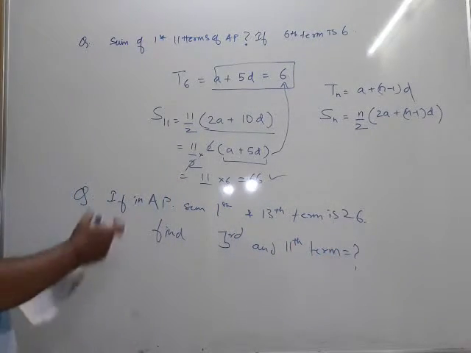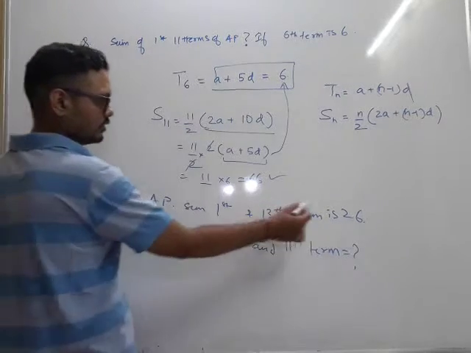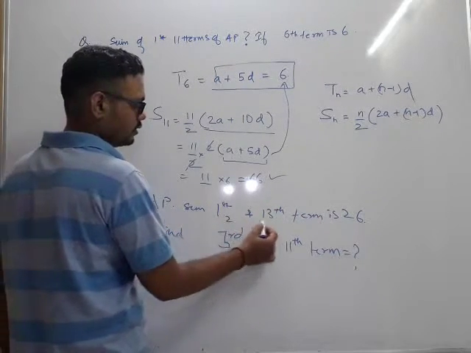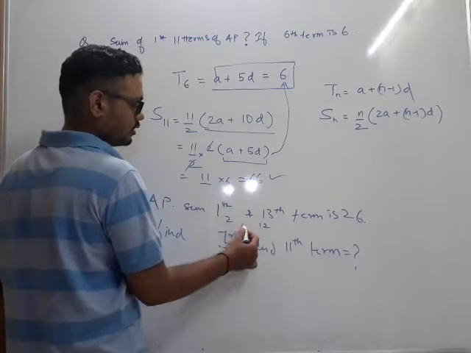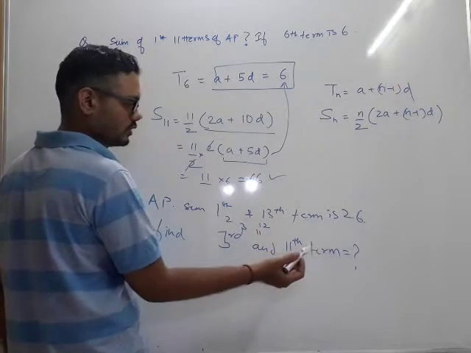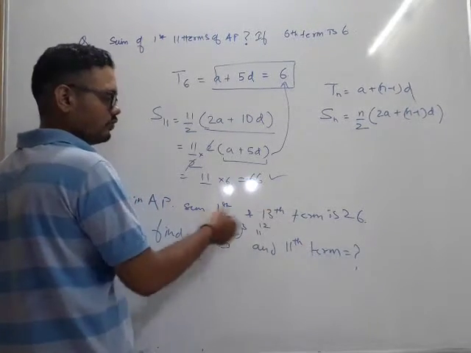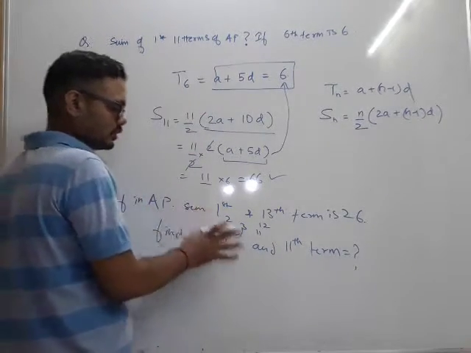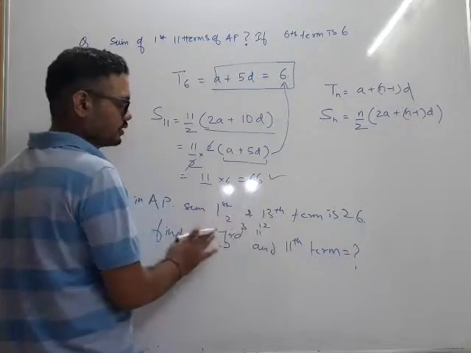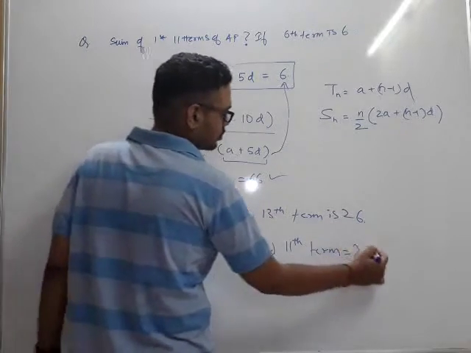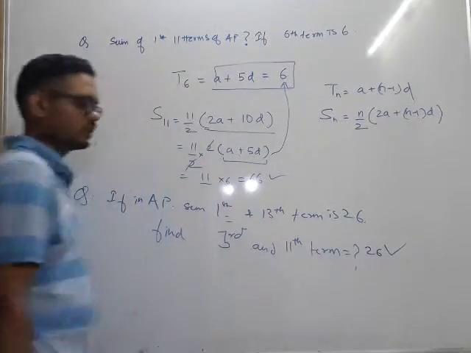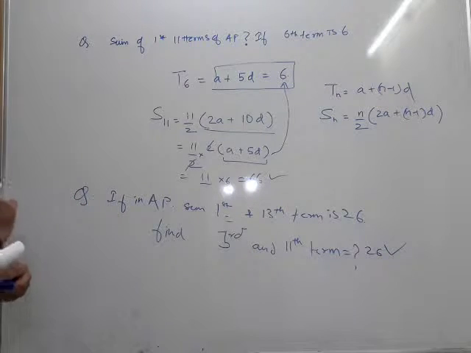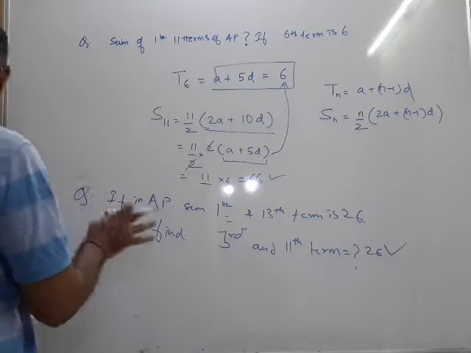As we did in the last property, first and last is 26, so second and 12th will be 26, third and 11th will be 26. Ideally it is supposed to be solved with this formula, but this will take some time. But if you know this property directly, the answer has to be 26. This is one of the questions based on the property.